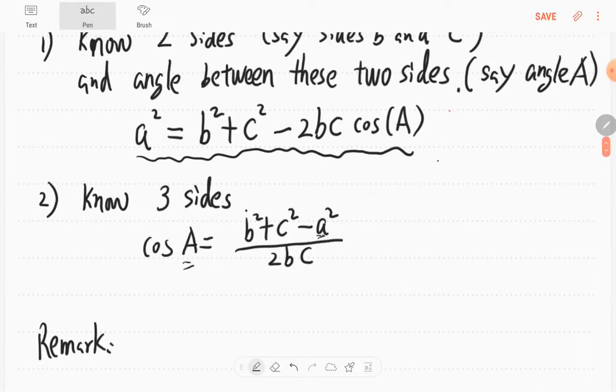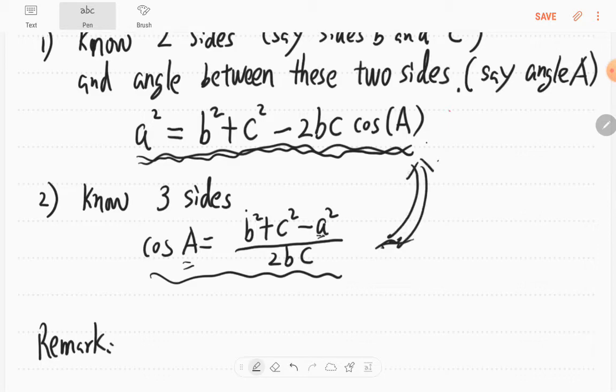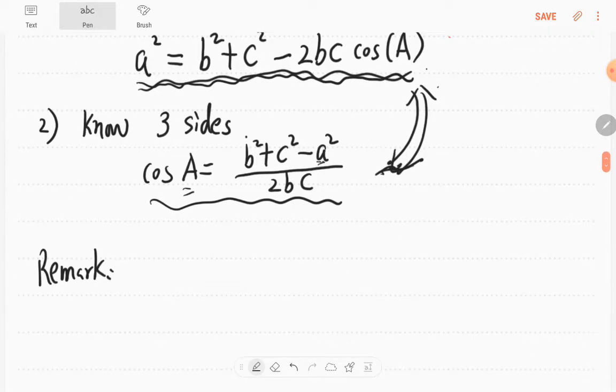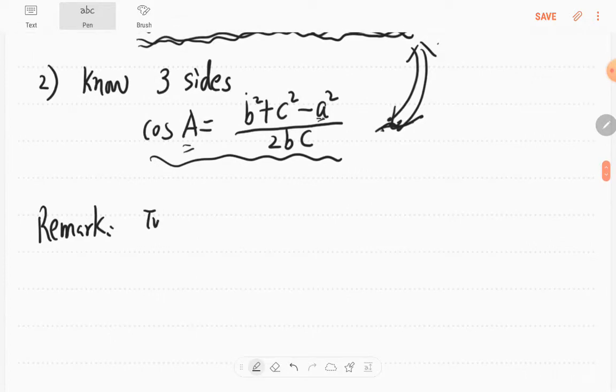The reason is, if you solve the first one for cosine A, you subtract, and then you will get this one directly. So these two formulas are equivalent.